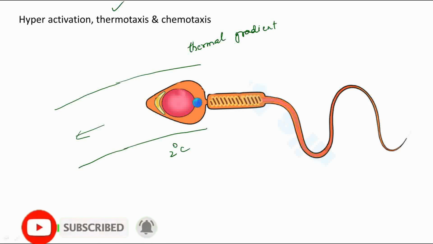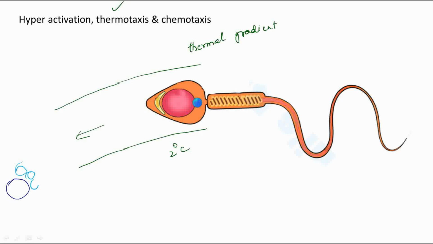And also, as a capacitated sperm starts to approach the egg, that egg as well as its cumulus cells start to secrete certain chemicals that will attract a capacitated sperm.